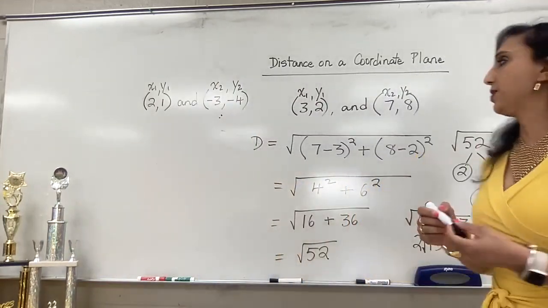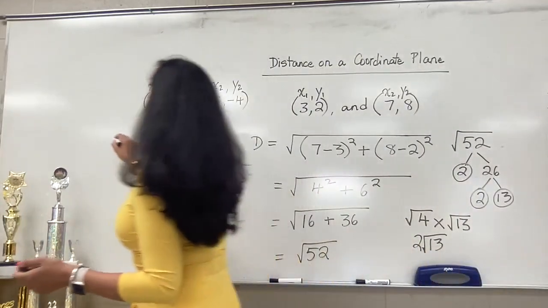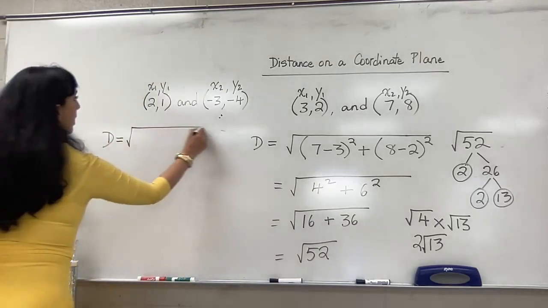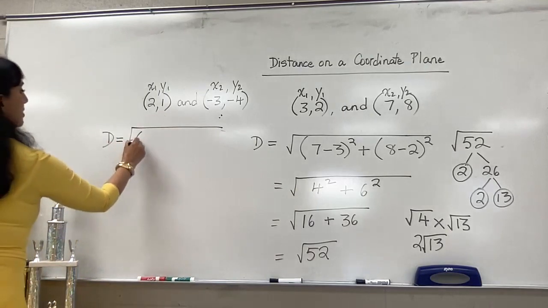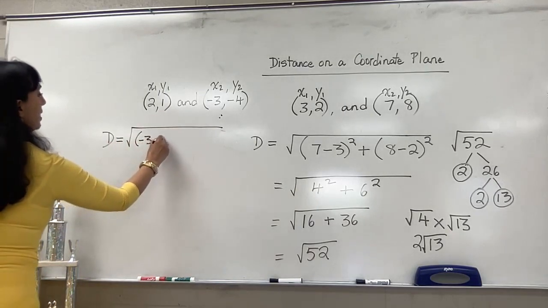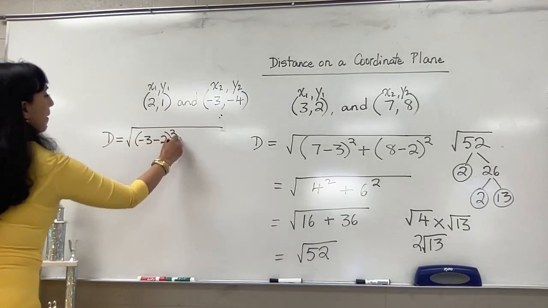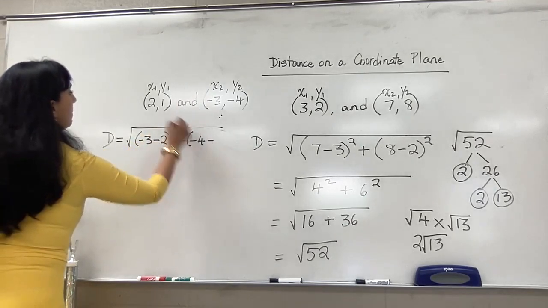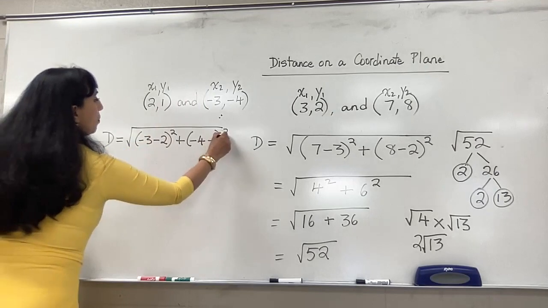Using the formula, d is equal to the square root of x2, which is -3, minus 2 squared, plus y2, which is -4, minus 1 squared.